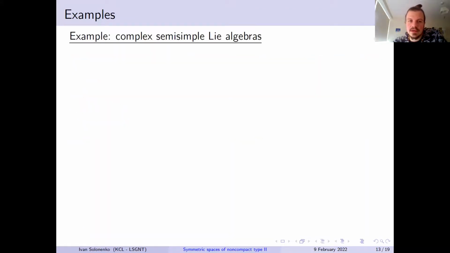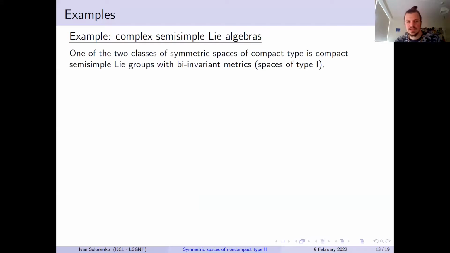And finally, another example is complex semisimple Lie algebras. So let me actually start from something else. You have symmetric spaces of compact type, and they split into two classes. One class, up to coverings, is simple compact Lie groups and their quotients by their maximal subgroups.